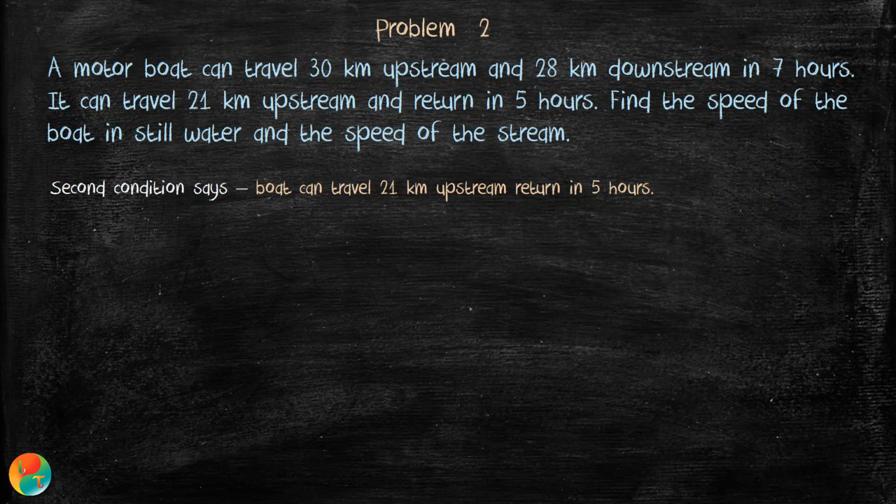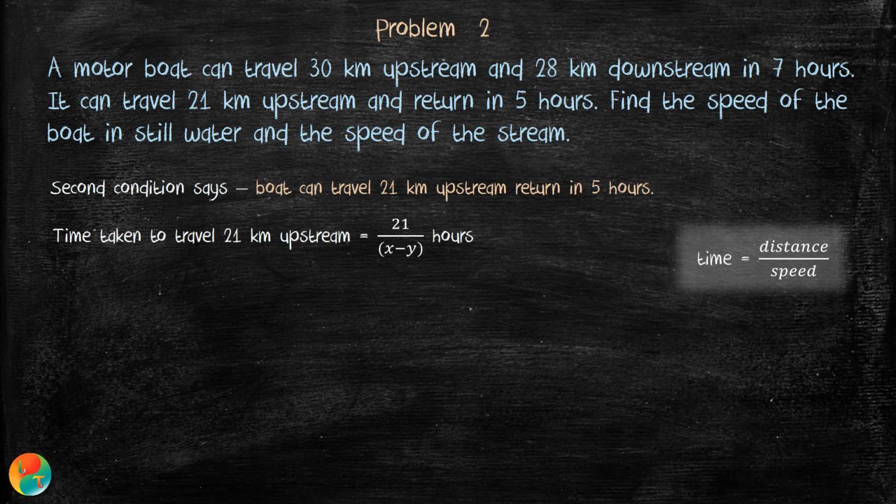Our second condition says the boat can travel 21 kilometers upstream and return in 5 hours. So time taken to travel 21 kilometers upstream will be equal to 21, that is distance, upon speed of boat while traveling upstream, that is x minus y. And since in the question it is said that the boat is traveling 21 kilometers upstream and is returning, it means it is traveling 21 kilometers downstream.